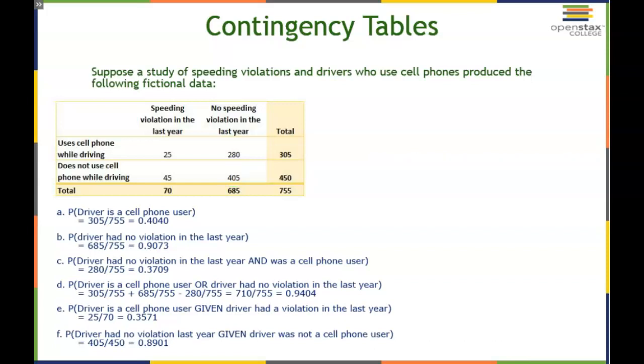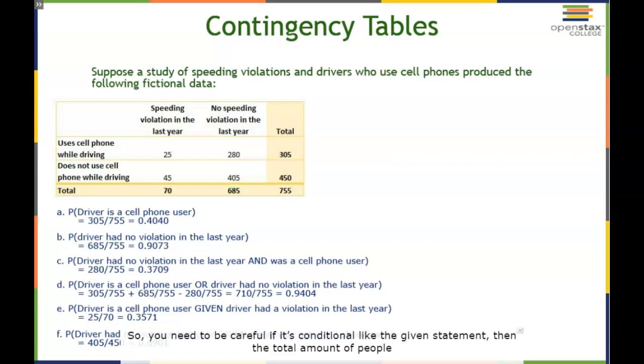So you need to be careful. If it's conditional, like a given statement, then the total amount of people that you're surveying is going to change. So given the driver had a violation, you only look in the violation column. Driver was not a cell phone user, then you only look into the cell phone row.